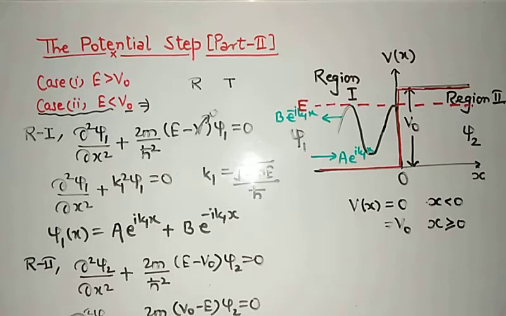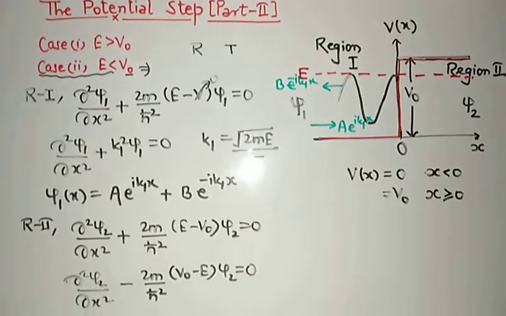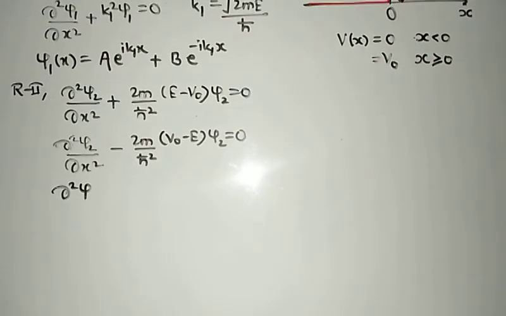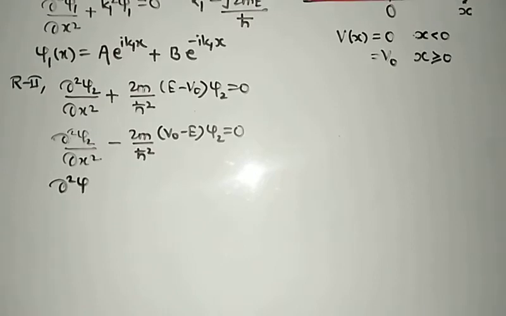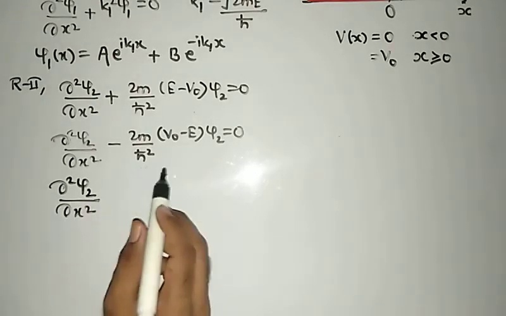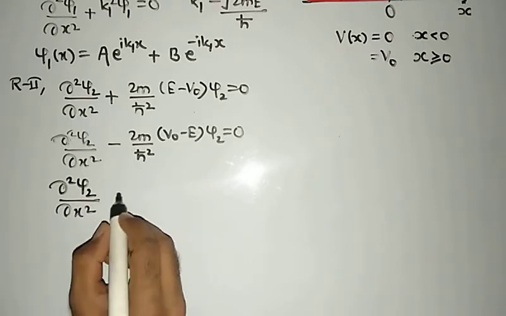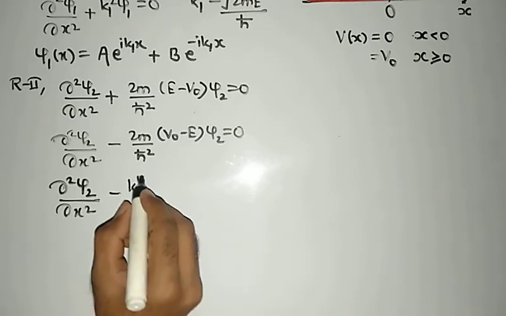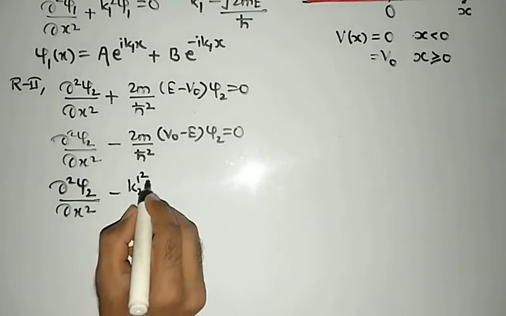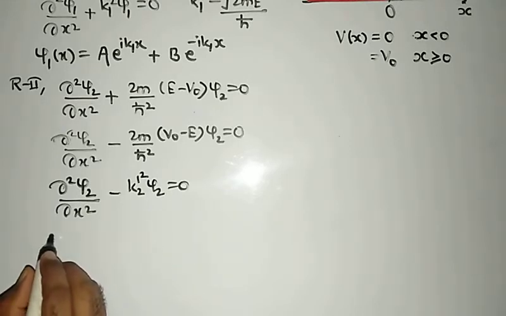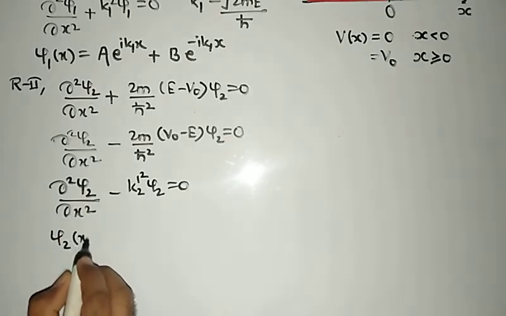So writing this, del square psi 2 by del x square minus K2 dash square psi 2 is equal to 0, and the solution will be psi 2 of x.